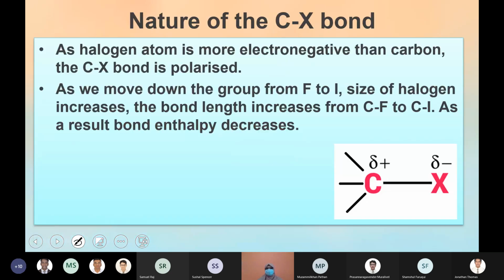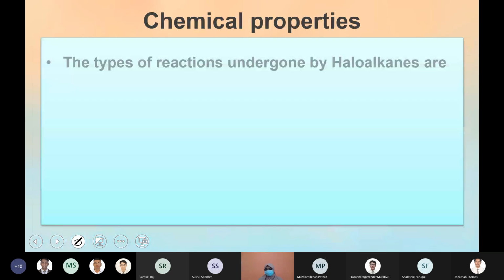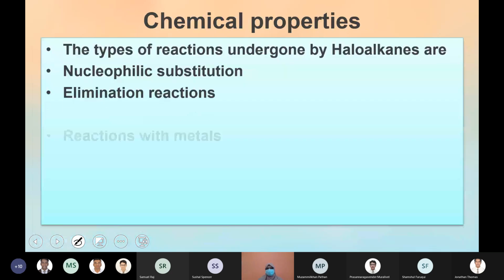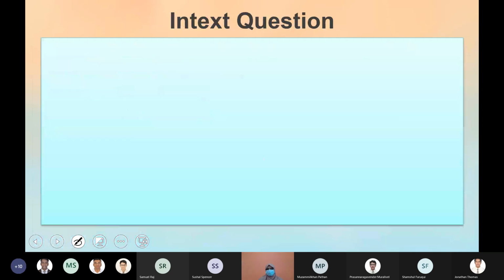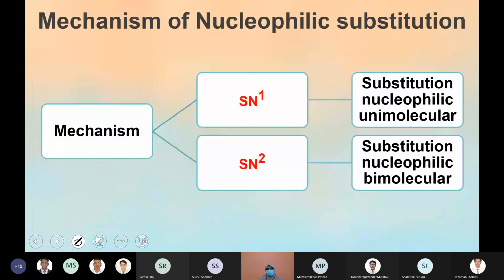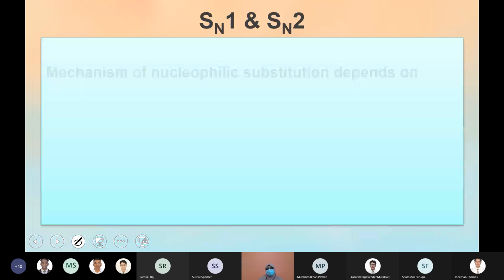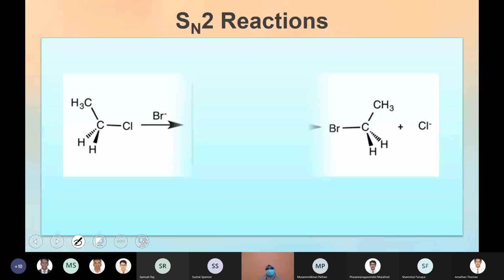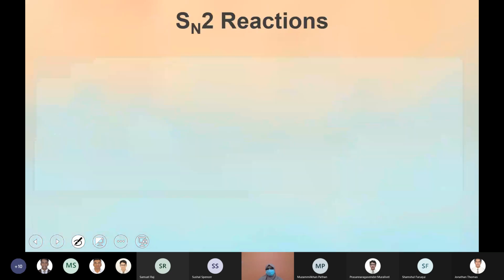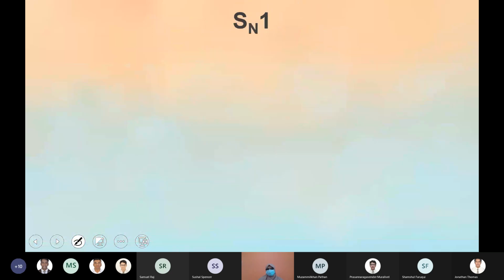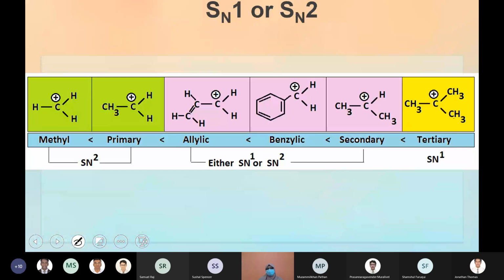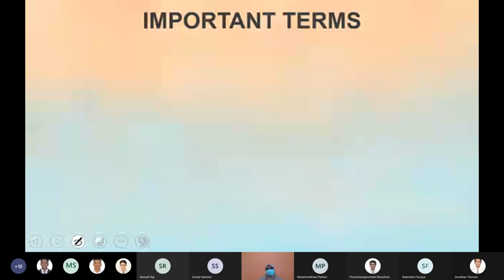To learn the chemical properties, you need to know about optical activity, mechanism, SN1 and SN2 mechanism, and stereochemical aspects.